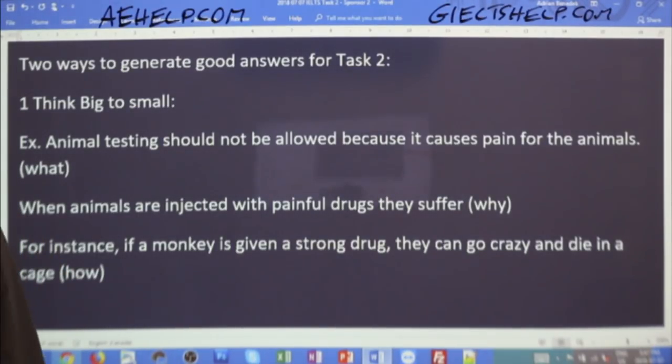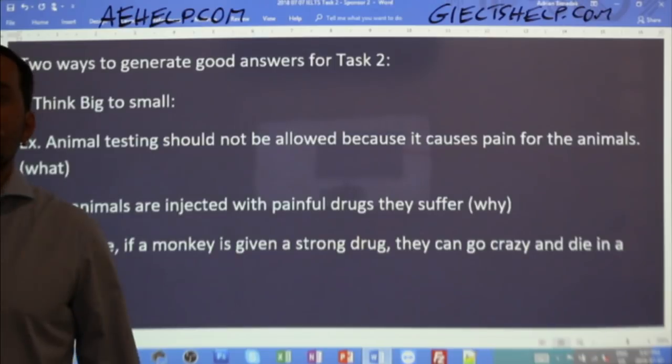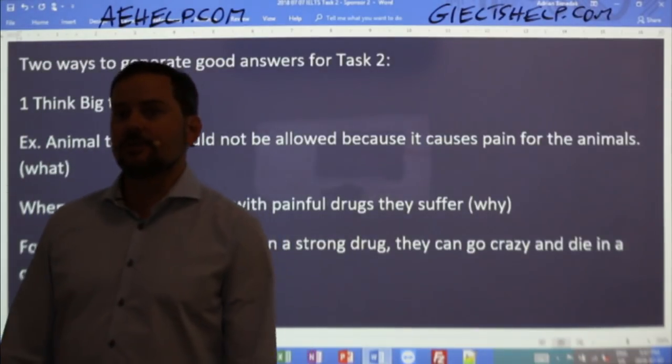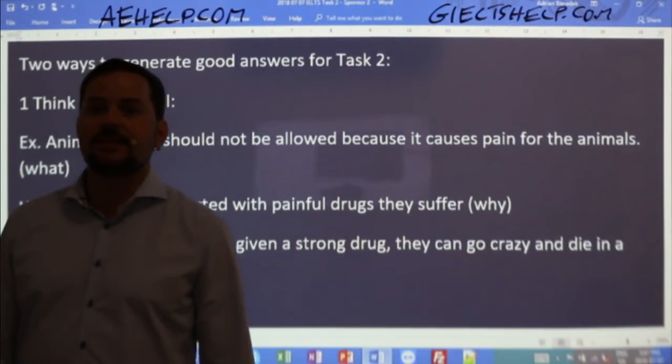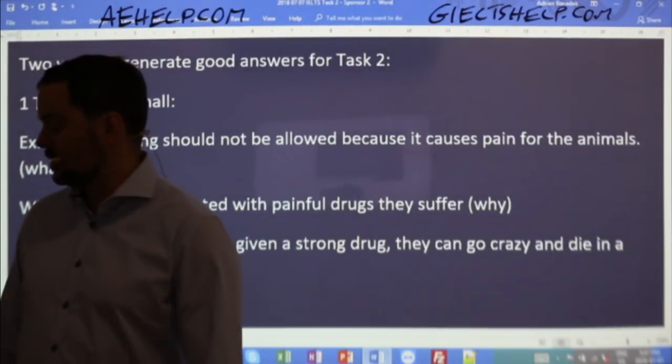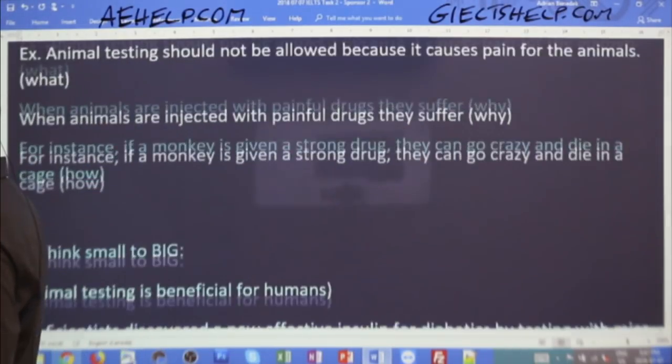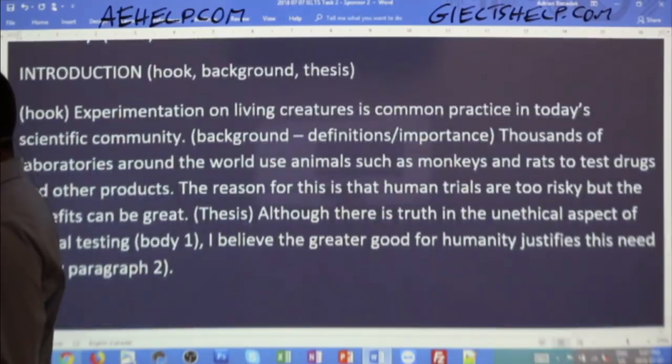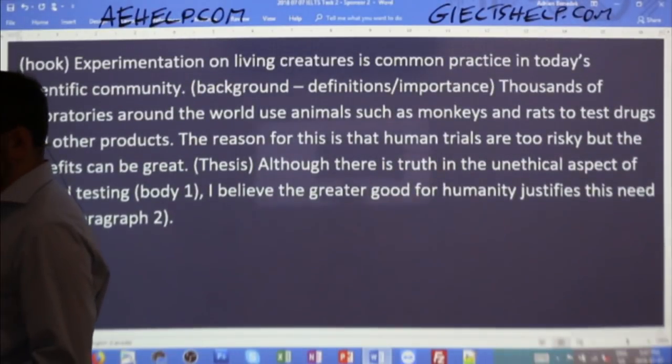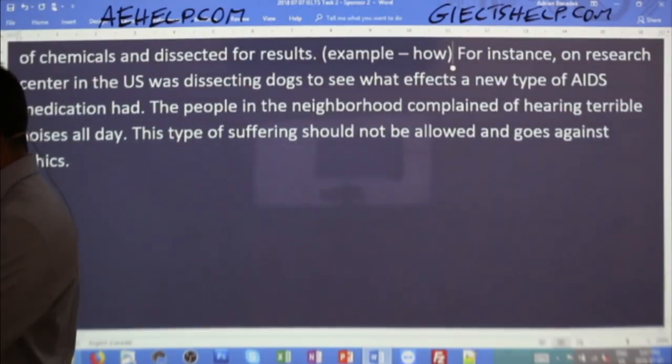Yeah, absolutely. Baljit, that is a good connecting and concluding sentence. Absolutely, I agree with you. So nevertheless, these days, strict regulations are placed on animal research to avoid such situations. Yeah, it's good. So that's your concluding connecting sentence. I like it.